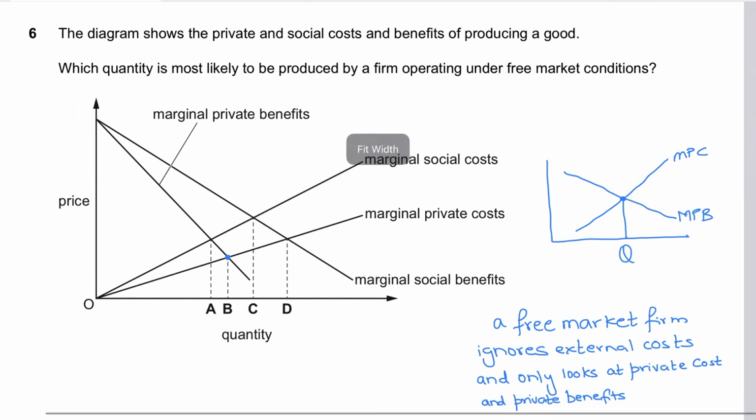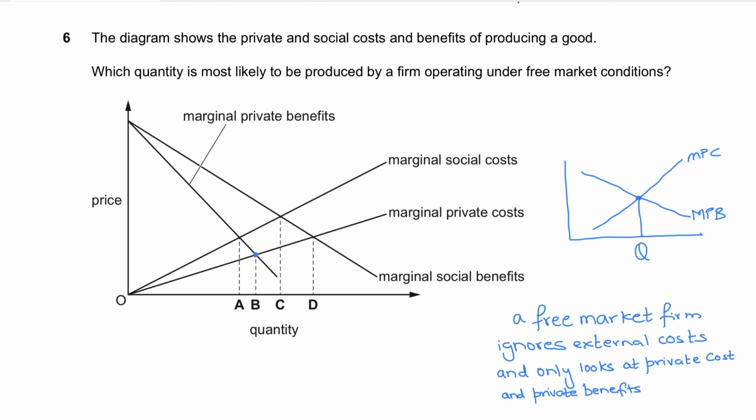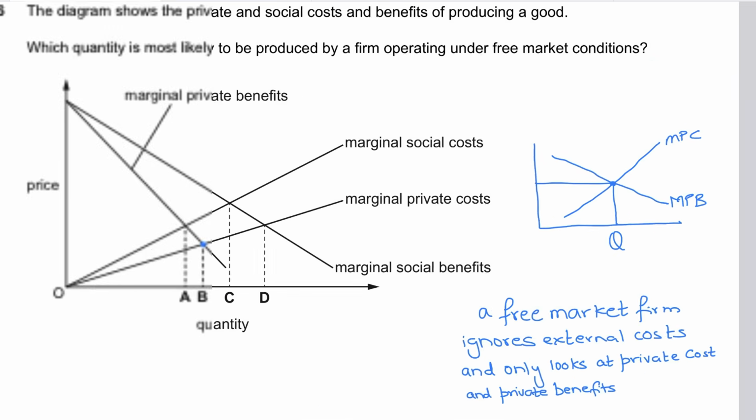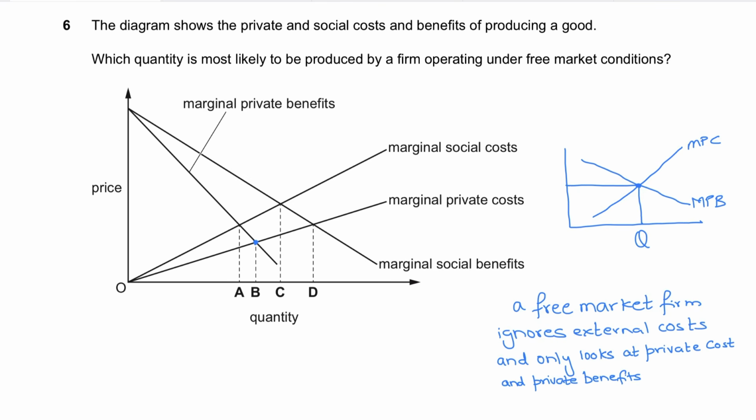Now, question number 6 is, what quantity is likely to be produced by a firm operating under free market conditions? A free market firm would ignore the external costs and only look at the private cost and the private benefit. So the free market price and quantity would be P times Q, where the marginal private benefit intersects the marginal private cost, so MPB equals MPC.